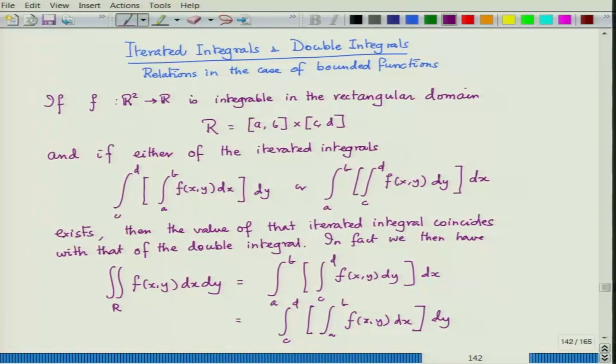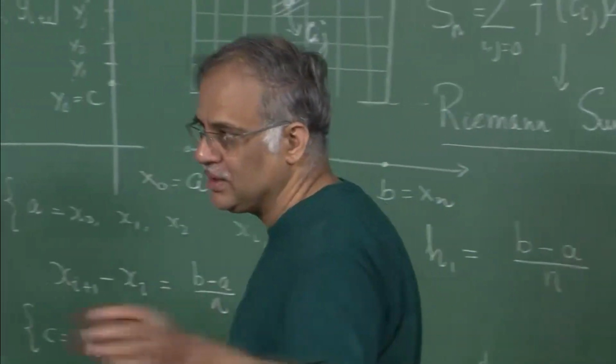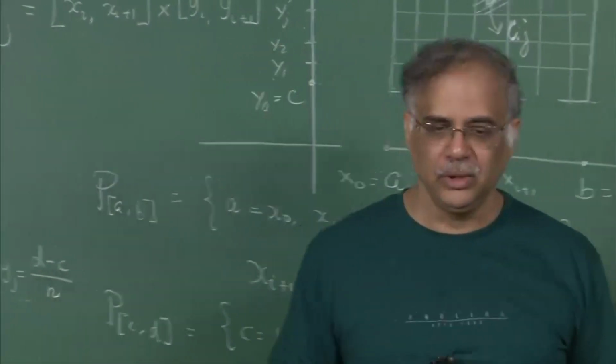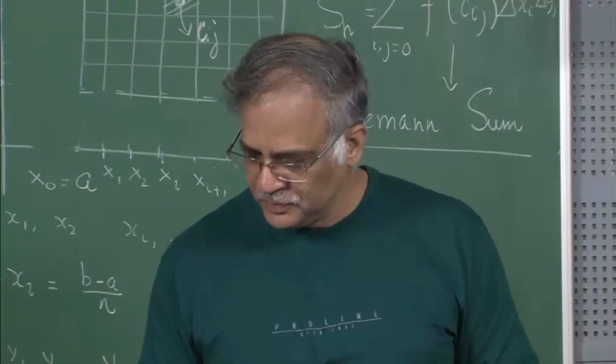So once you know this, you first have to check whether the iterated integral exists. If somebody asks you to compute a double integral over a rectangular zone, just check whether the iterated integral exists. If the iterated integral exists, then just compute that and equate it to the double integral. That's the story. That's it.